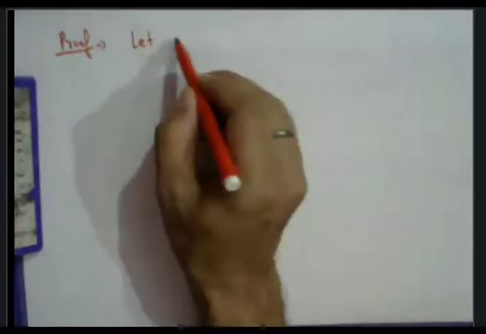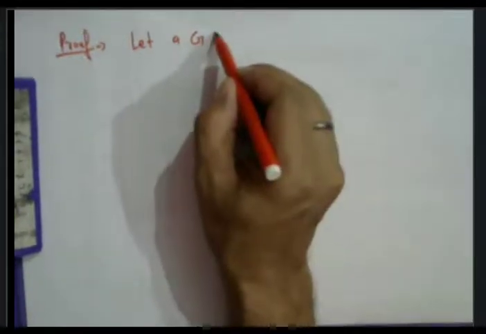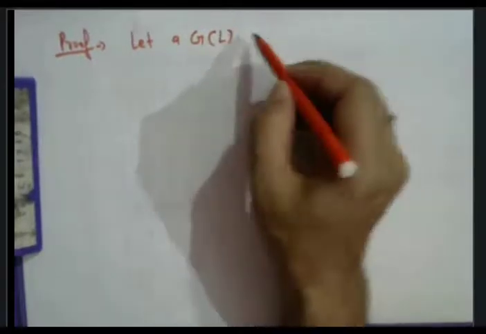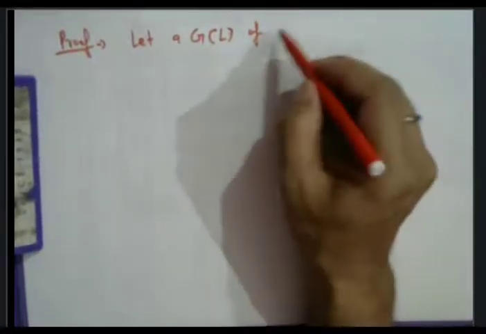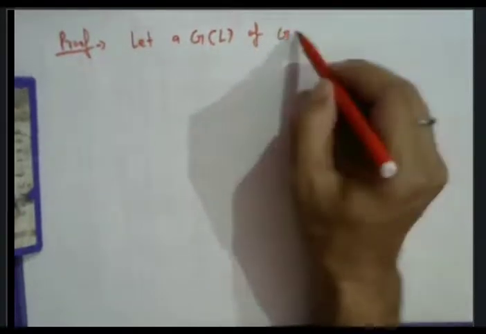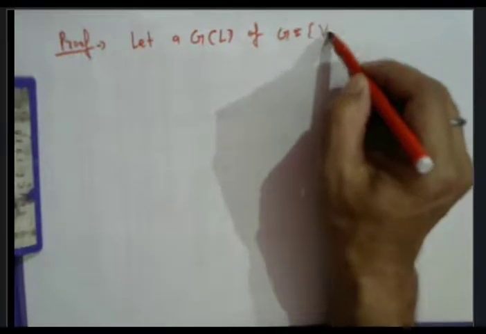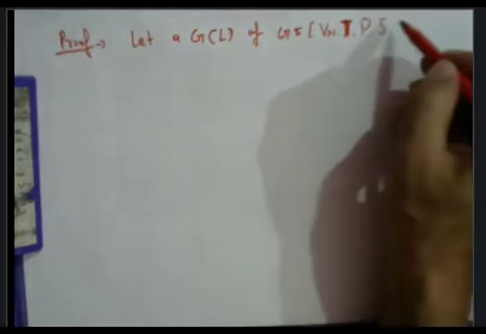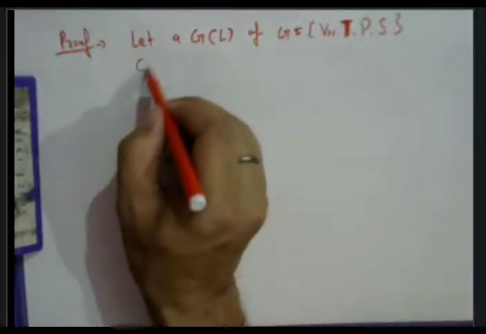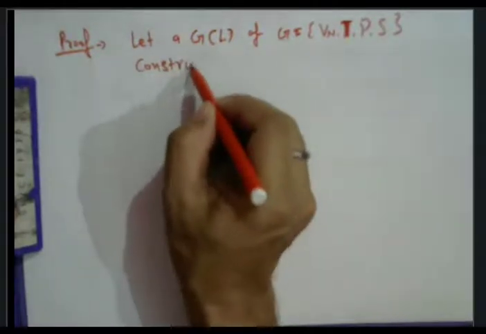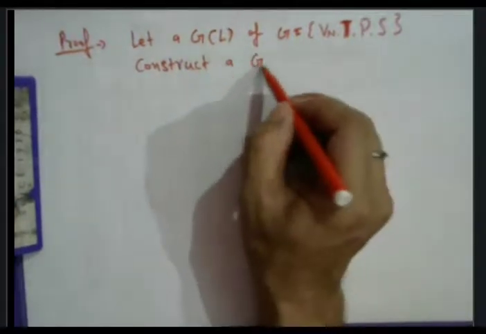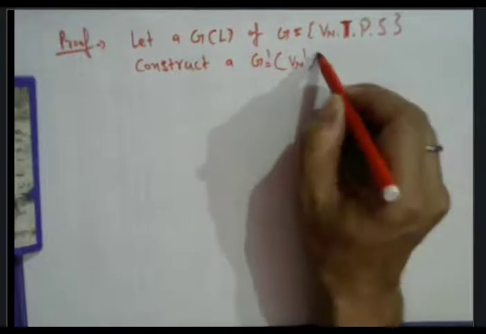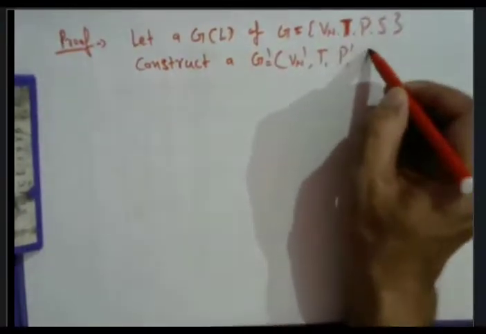Let a grammar of language L be of the form G equals Vn, T, P and S. Then we can construct a grammar G dash equals Vn dash, T, P dash, S.